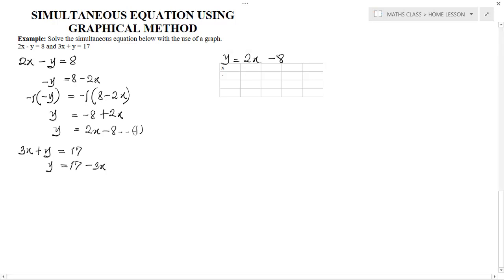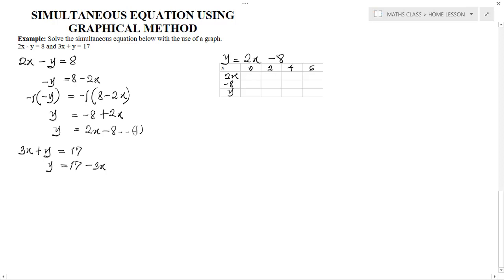So here we have our 2x, here is minus 8, then we put y here. Let's use 0, 2, 4, and 6.